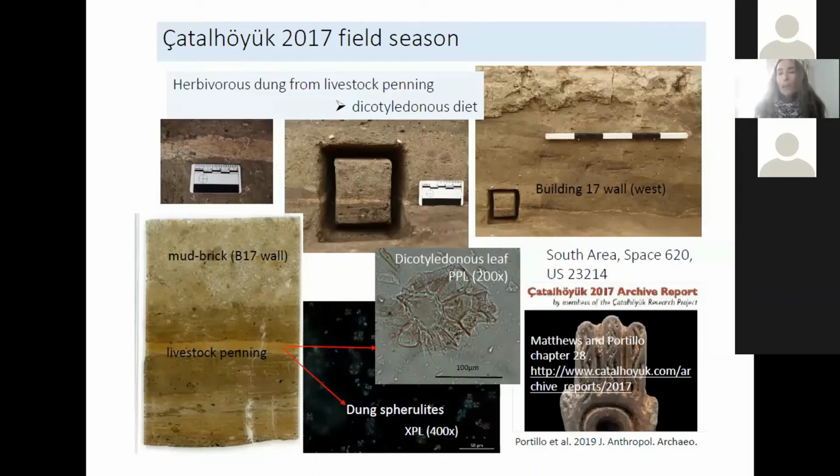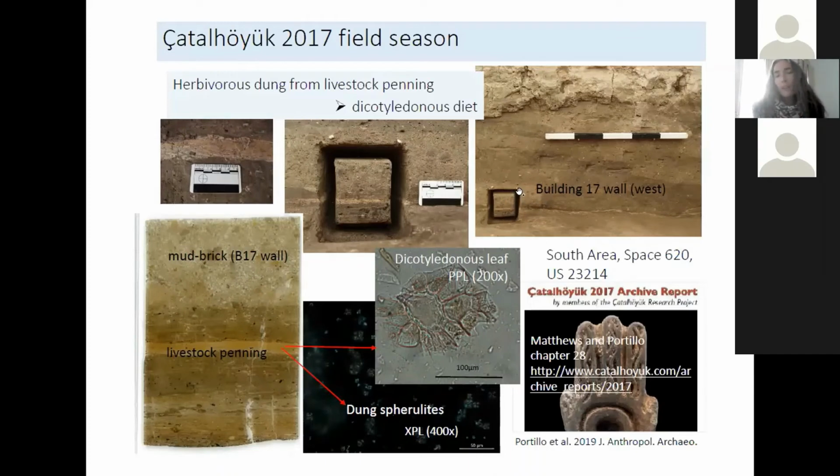And here you will have the details of how the samples were collected, not only for phytoliths and microremains and micromorphology, but also for biochemical analysis and other studies to investigate these open areas and the penning deposits. And what was interesting here is that in the field, we took the samples related to the blocks.